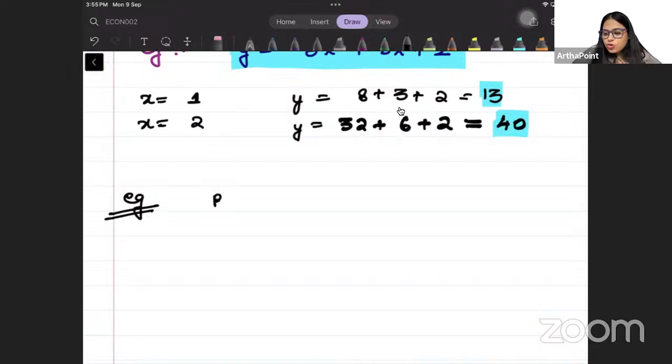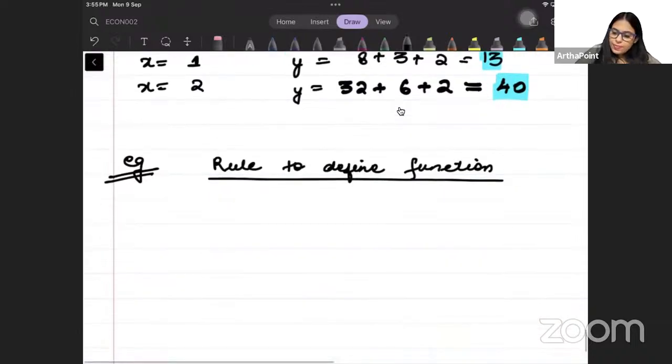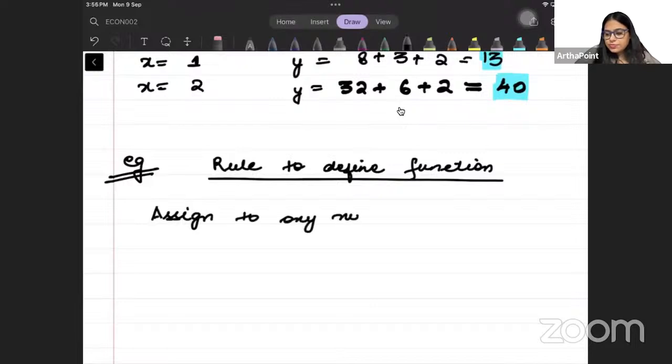So suppose I give you a rule to define a function. क्या rule है?